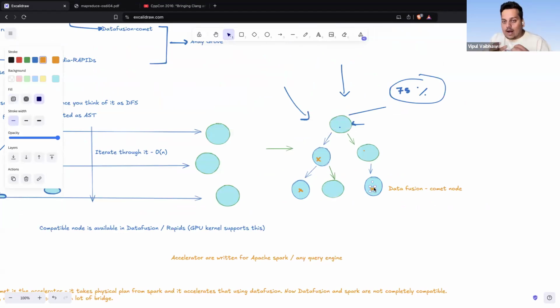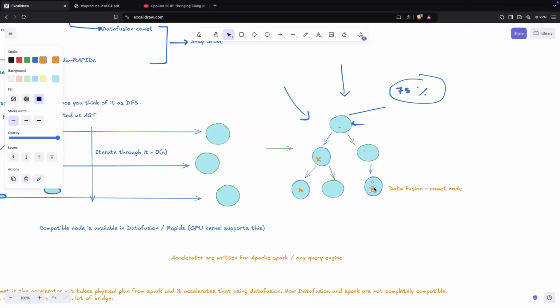As I gave you an example, casting is different, so for that we have Comet operators, which are nothing but wrappers on top of DataFusion. If 100% of nodes can be translated into either Comet operators or DataFusion native operators, then we execute the plan. If even a single node has no implementation in either Comet or DataFusion, then we tell Spark that this cannot be executed in our executor, and you have to execute it on your own.